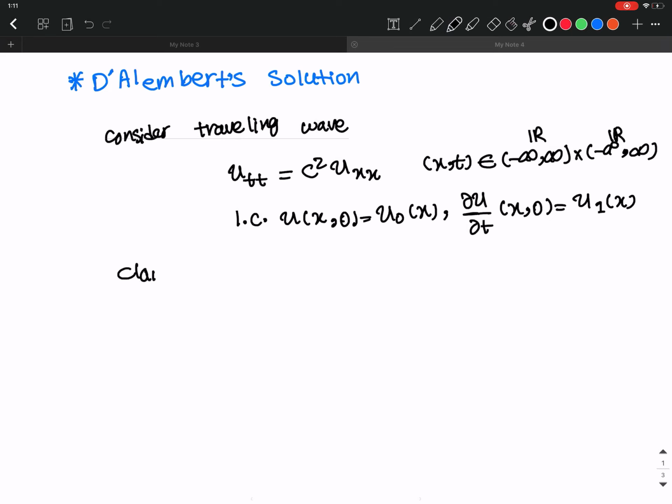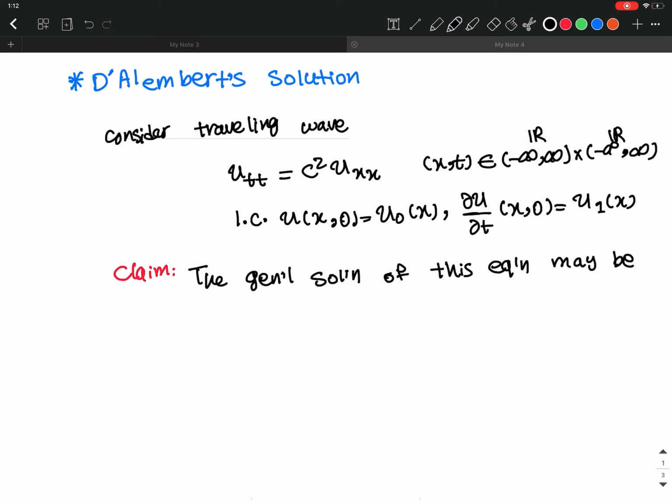And so the claim is, let me write it this way, claim: the general solution of this equation may be written as u(x, t), so the general solution equals the sum of two functions.